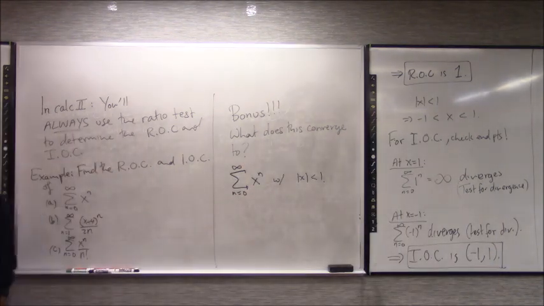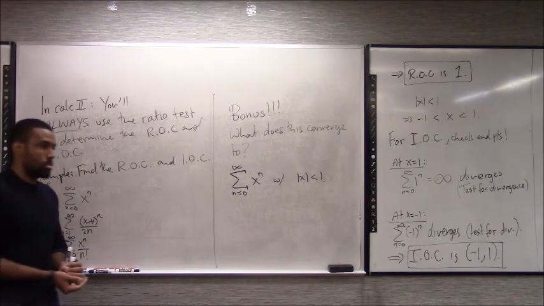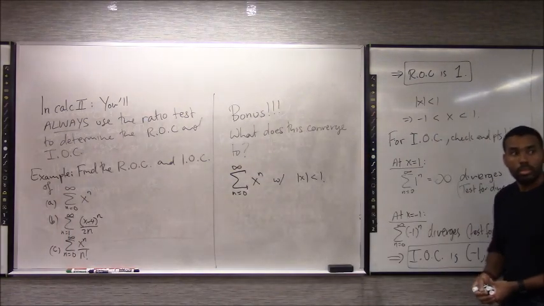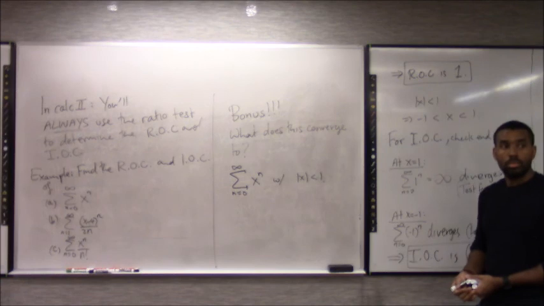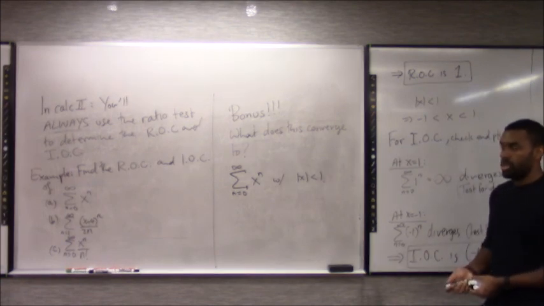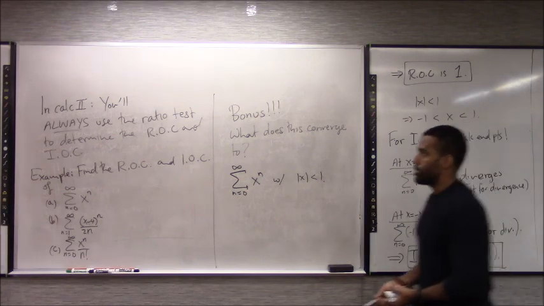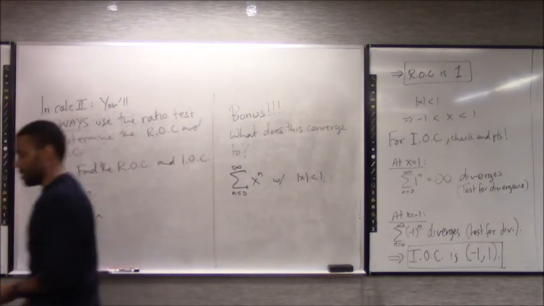What do you think? Yeah? The root test? The root test doesn't tell you what something converges to. And you're never going to use the root test. You always use the ratio test to determine convergence for a power series.